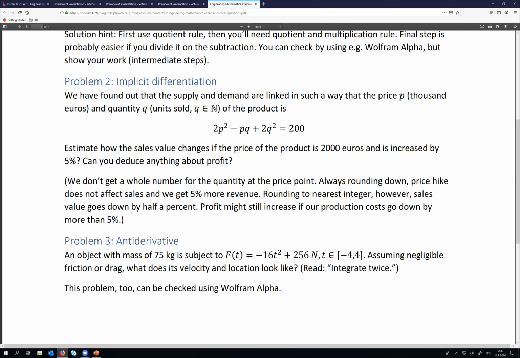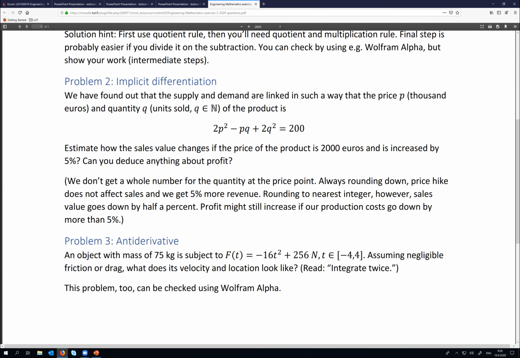And the interpretation of this, because we don't get integer solutions for the number of products sold, depends on how you deal with rounding. So you may need to consider this, and this has a little bit of verbal explanation expected.